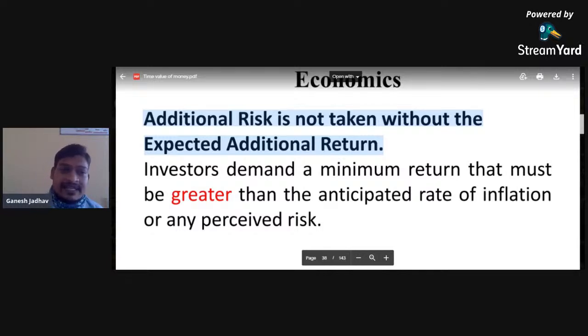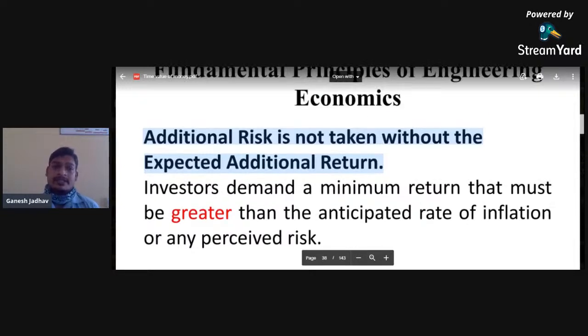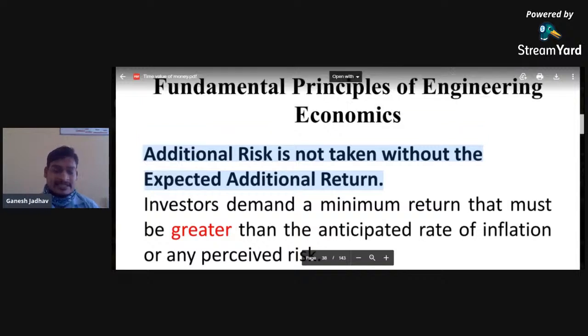As per the economic decision, or as per the fundamentals of engineering, the expected additional return comes in the form of profit. So additional risk is not to be taken without the expected additional return.